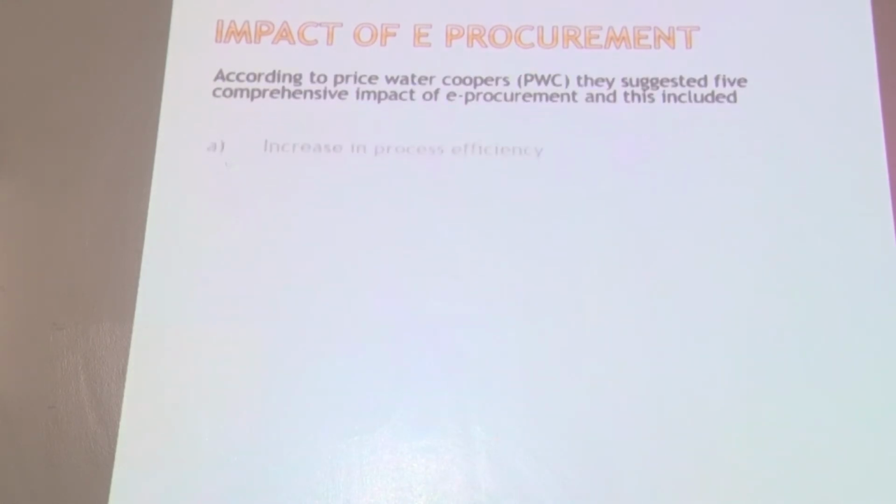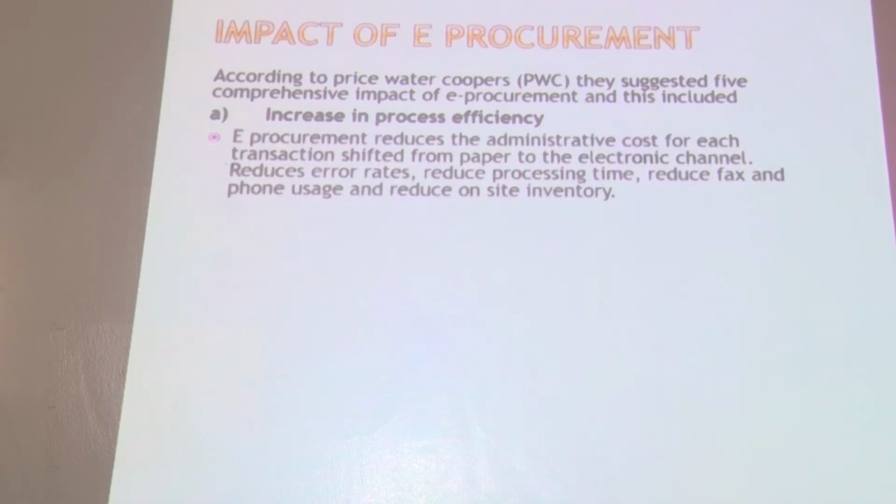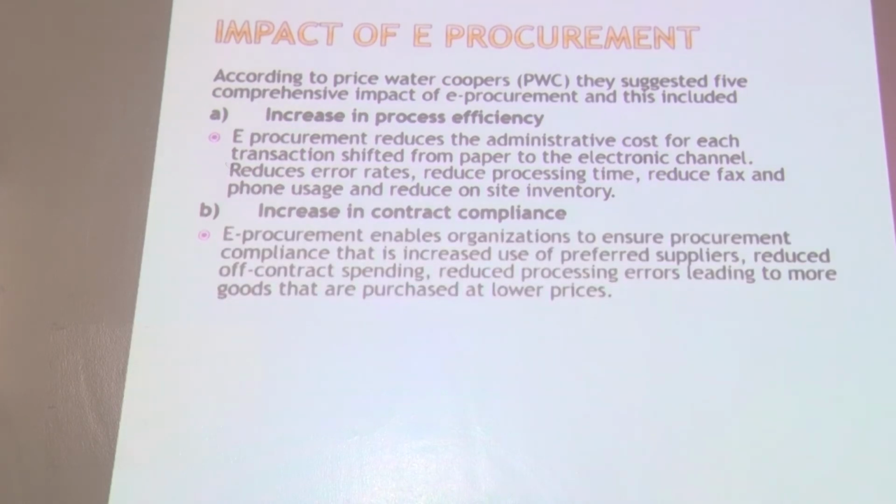So what is the impact of e-procurement? According to PricewaterhouseCoopers, one of the impact is that procurement has enabled increased process efficiency. So you realize organizations are able to increase their efficiency when it comes to various processes. The other impact is that it has enabled contract compliance.